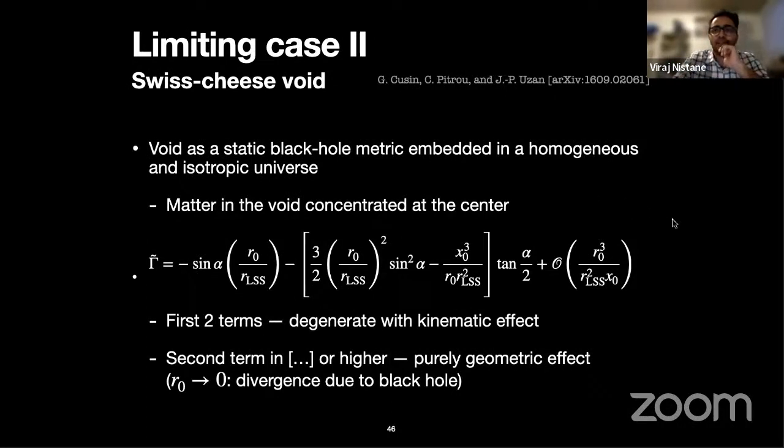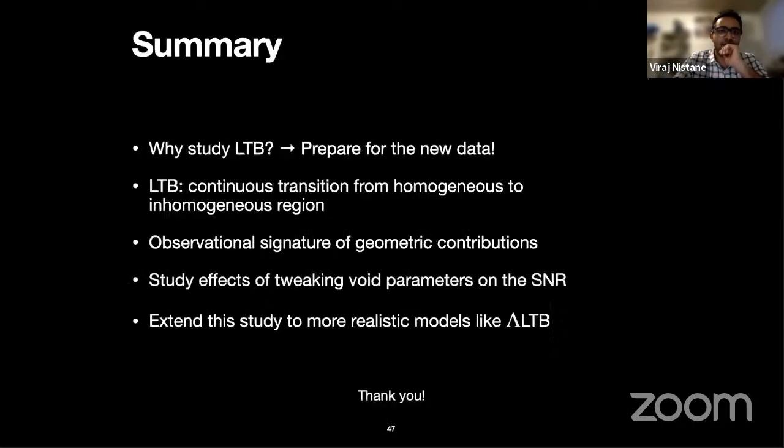And yeah, this brings us to the end of today's talk. So in summary, we saw a little bit of motivation, so why we should study LTB. Basically, we have to prepare for the new data that will come from the future, more inclusive surveys. Then secondly, we have seen the LTB model, which is basically a continuous transition in terms of matter density from a surrounding homogeneous flat universe to the inhomogeneous region inside.